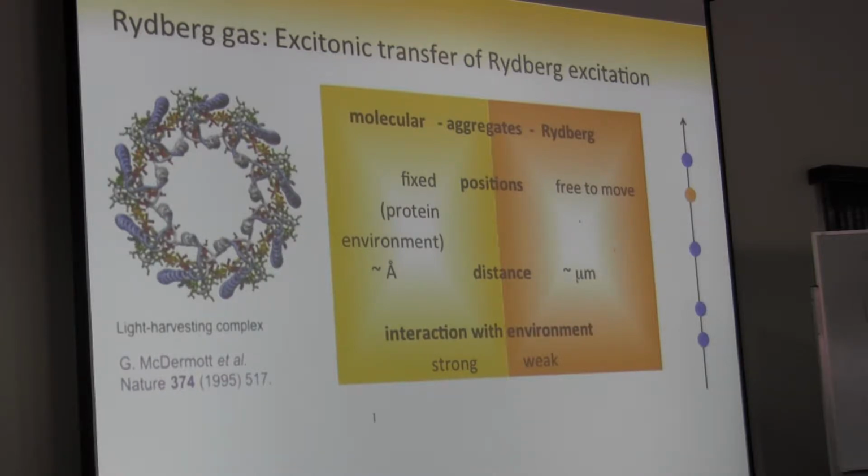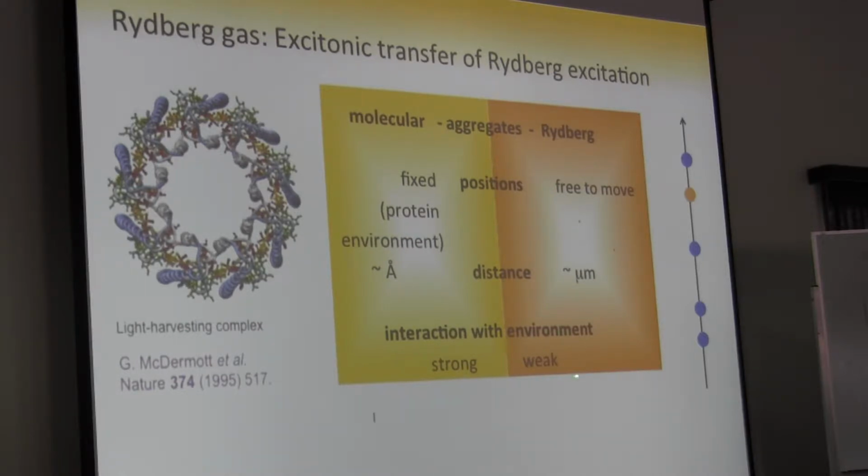On the other hand, if you can construct a Rydberg exciton chain, let's say, of atoms here, that's the easiest thing. I will more or less focus on that. We're just about to go beyond that, but not much. Then these Rydberg atoms are free to move in this one direction at least, if you have a trap which confines them in the other two. And they have very large distances, as you know, micrometers, depending of course on the excitation, that's the scale of the system.